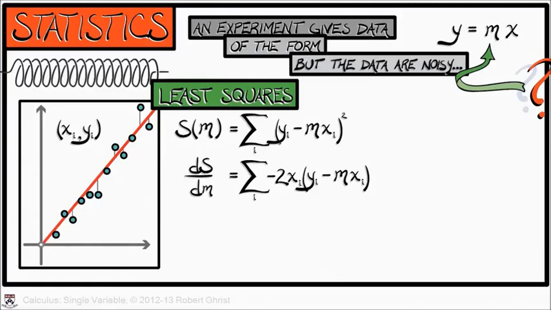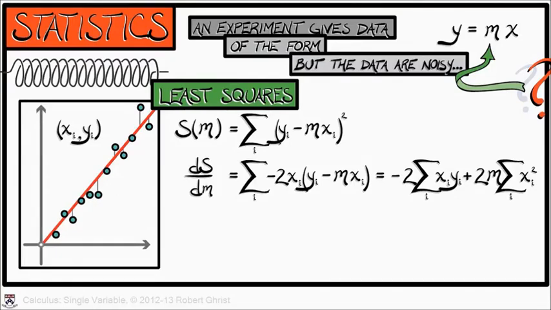Now, if we distribute this multiplication and expand out into two sums, we get minus 2 times the sum over i of x_i times y_i plus 2 times m times the sum over i of x_i squared. We can factor out that 2 and that m because they appear in every summation term.